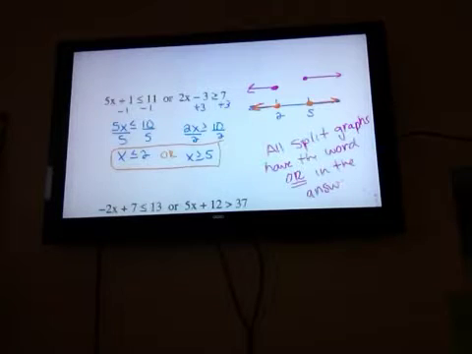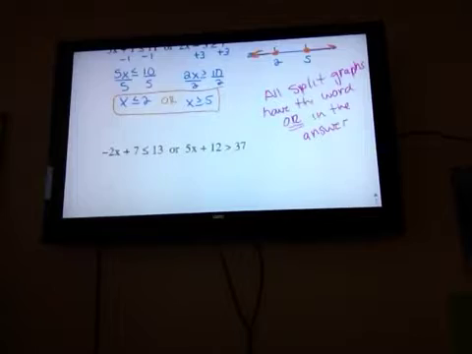So all split graphs have the word or in the answer. Almost every or is split.